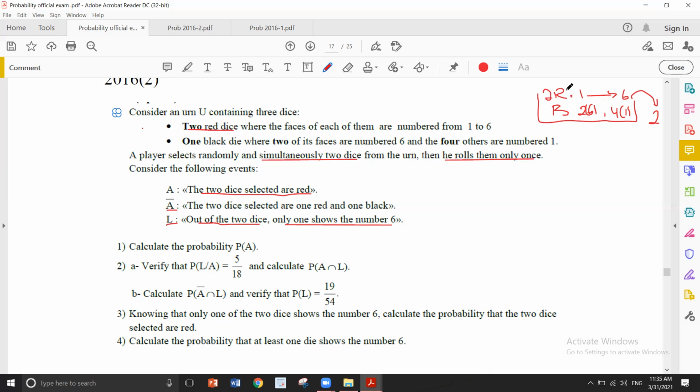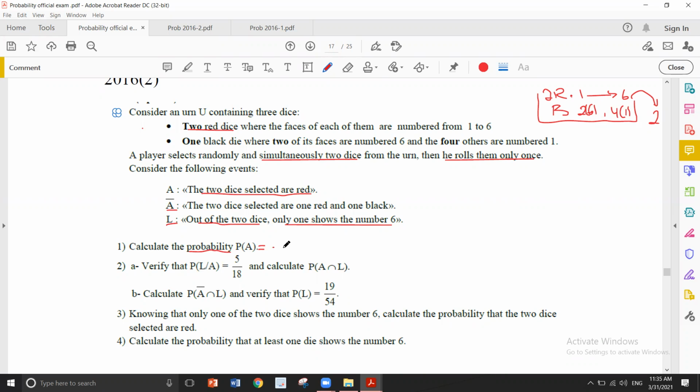So we have 3 dice, 2 red, each numbered from 1 to 6, 1 black that contains two 6s and four 1s. We select 2 dice simultaneously, then we roll them once. Consider the following events. A, the selected dice are red. Who can calculate the probability of A?